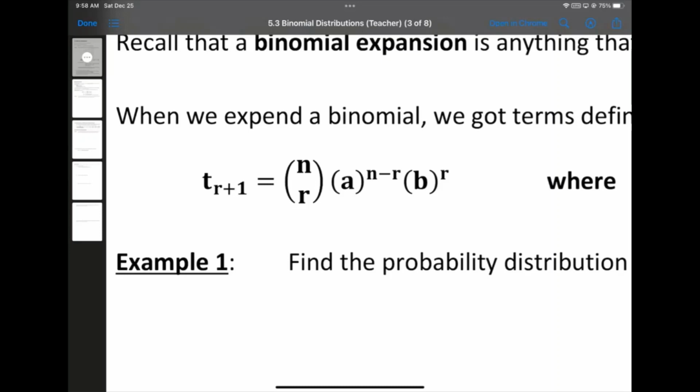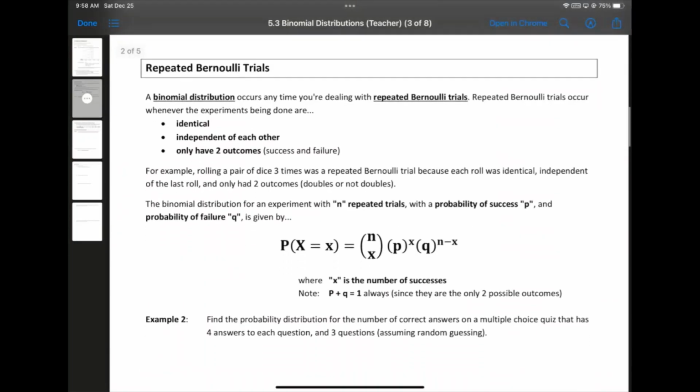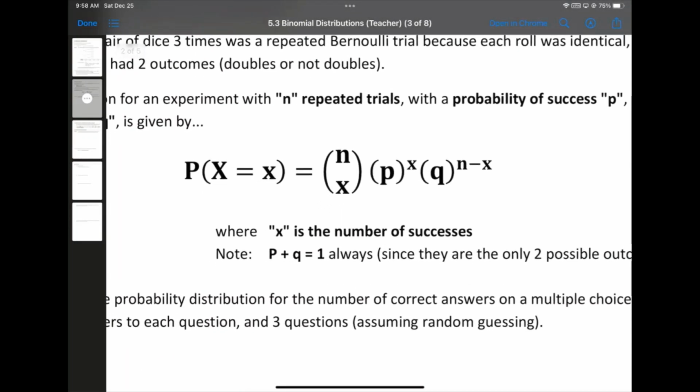We're using kind of different variables and setting it up slightly differently, but it is that same form. A combination, something to an exponent, something to a different exponent. And specifically, those two exponents add up to be n. And for our version, they will also add up to be n. We're just using an x instead of an r.